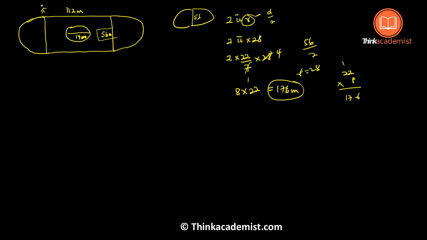But if we are using just the single circumference, or the individual circumferences, then you're going to get 88. It means that you would have to do 88 plus 88 plus the length you have up here. Okay? So now that we've established that this whole circle, which represents these two semicircles, is 176 meters, we can then go ahead to find this portion which Kofi will pass, and also this portion which Kofi will pass.